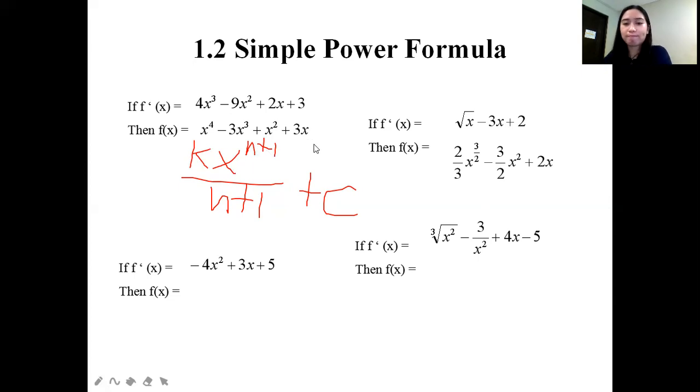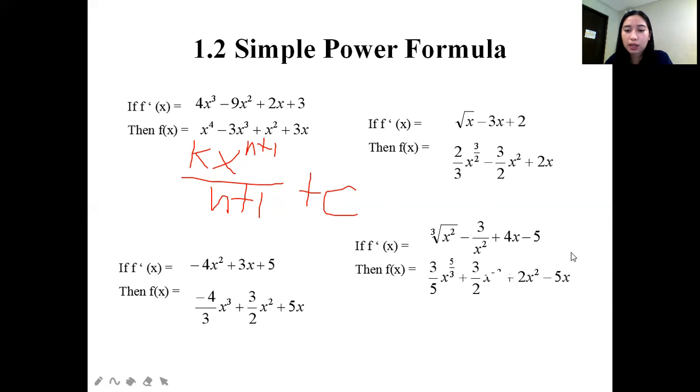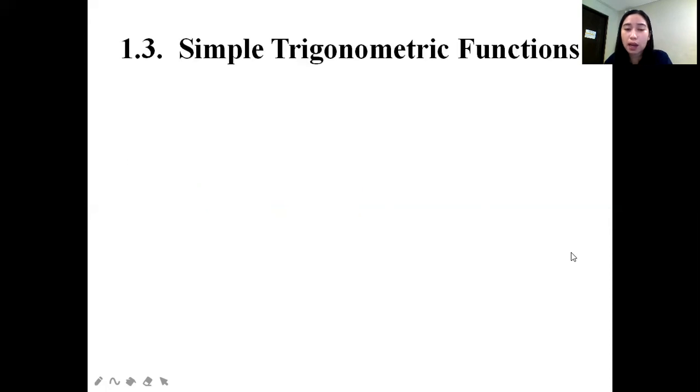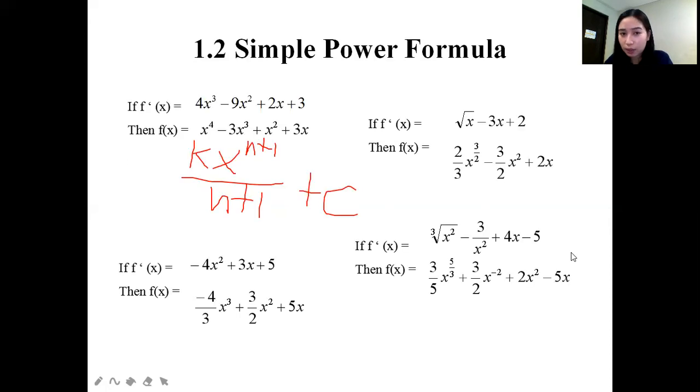So, 2x. So, kini siya simple power formula. Pero kung naa gani gipapangita sa inyo ang integral, you should add plus c. Okay? So, same with the other na mga examples. So, dini gipa-appreciate lang kung giunsa ang anti-derivative.